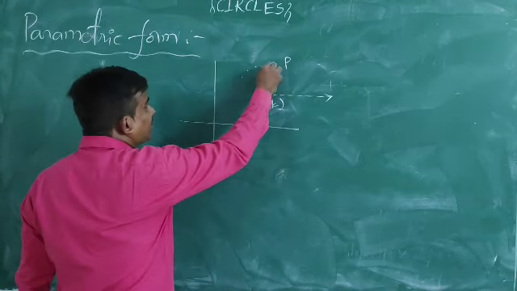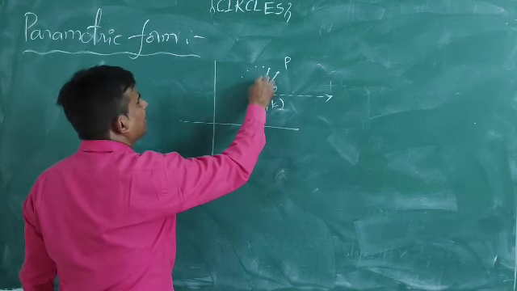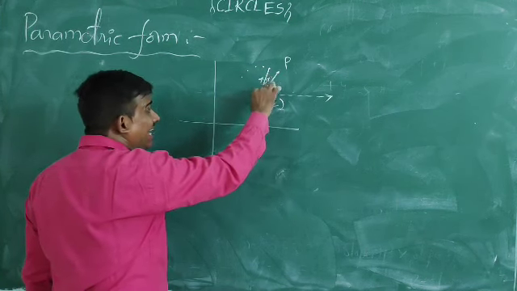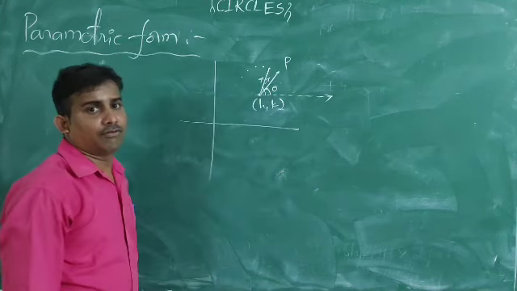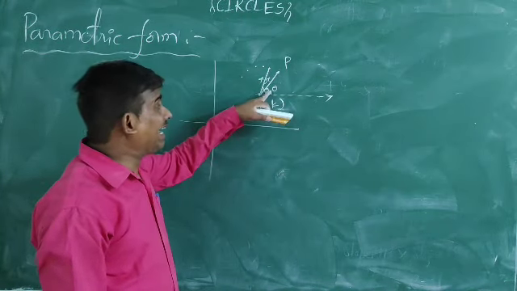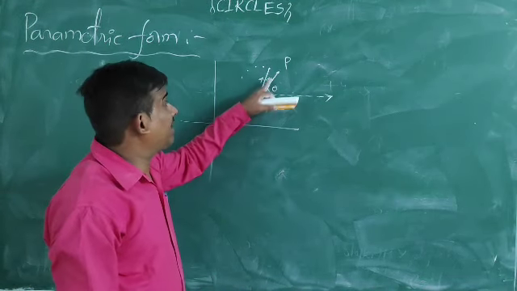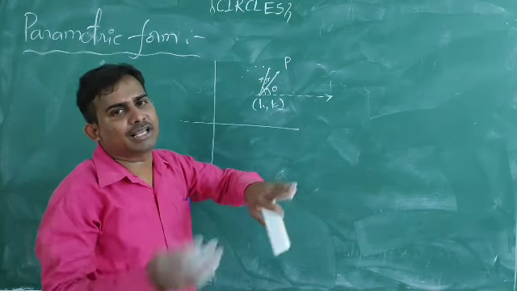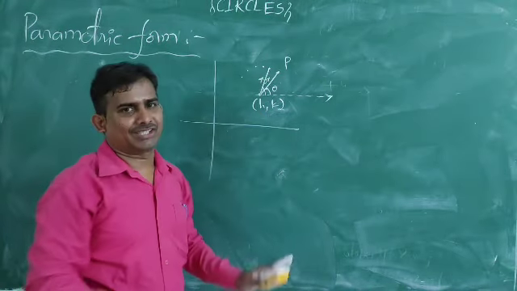Now if you take another point, it must lie at the same distance r, but the angle made by the line joining it with the positive direction will change. The distance is always constant, but the angle changes. The angle made by the line segment joining the center to any point of the circle changes; that angle is the parameter, but r should be constant.